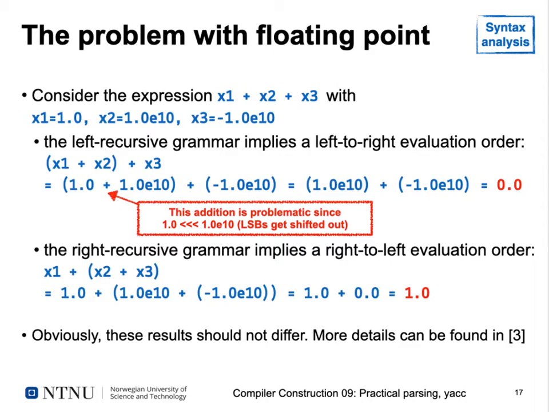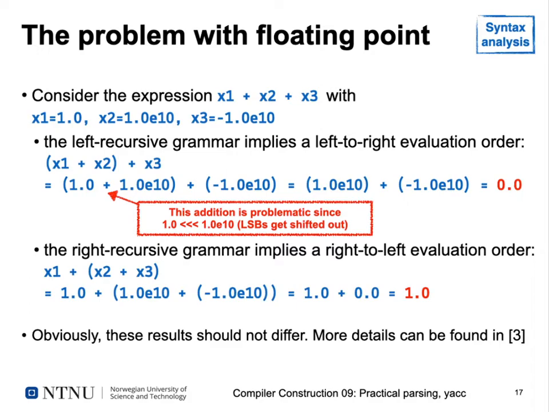So depending on your floating point representation, when you try to add 1 times 10 to the power of 10 plus 1, the result is actually still only 1 times 10 to the power of 10, because there is no bit left to store this least significant 1. So if you then add minus 1 times 10 to the power of 10, you just get 0. So you have an incorrect result of 0.